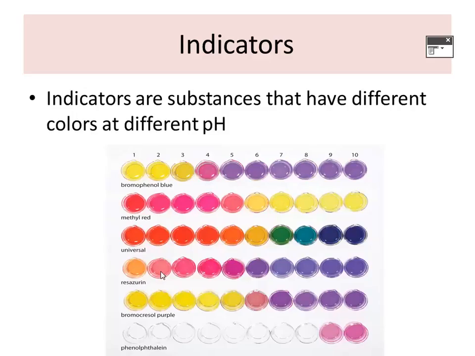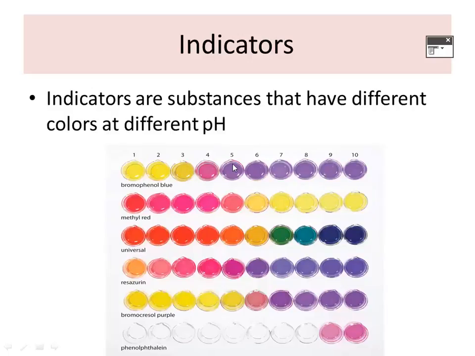Okay. Indicators, and this is what we're going to be doing in our lab today. Indicators are substances that have different colors at different pHs. So, for instance, bromophenol blue at pH 3 is a yellowish color, at pH 4 it's purple, and at pH 5 it's a dark purple. If you needed to test a solution between 3 and 5 and know those differences, bromophenol blue is a good indicator.